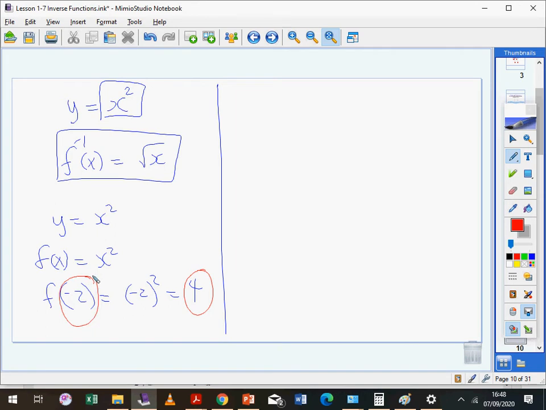So this inverse function of x should take an input of 4 and give me an output of -2. Input of 4, because the inverse function is square root of 4, that gives me a +2. Wait, what am I saying?